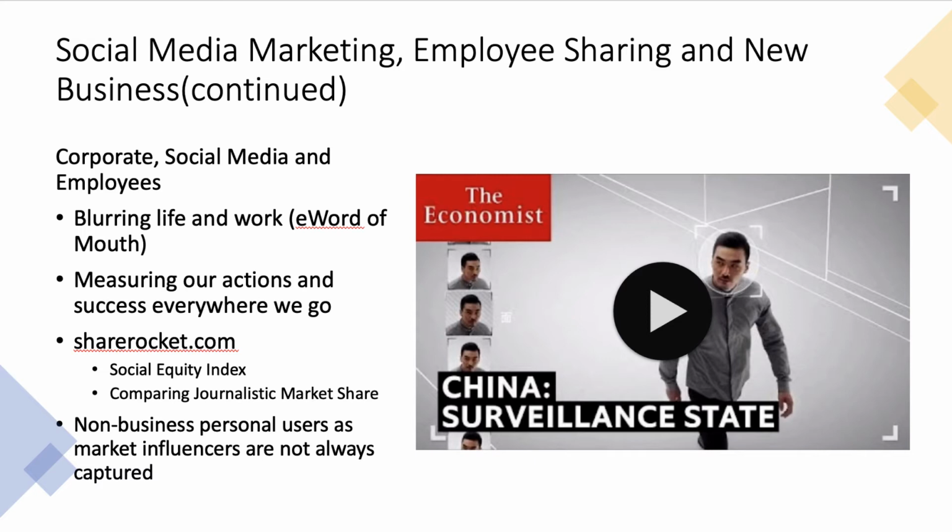So there is an increase of people measuring our actions and successes everywhere we go. Here's a good example, ShareRocket.com, as discussed in the textbook. They talk about the Social Equity Index. This is for journalists. Journalists go out, they have market share, they share their own Twitter channel. They're encouraged to share their own Twitter channel.